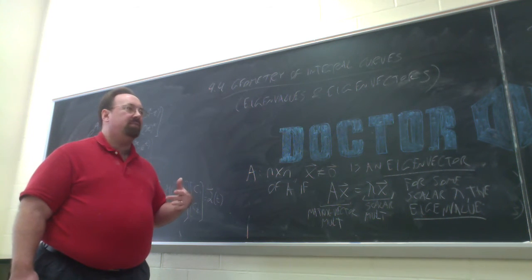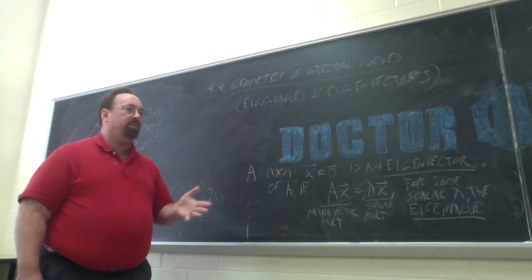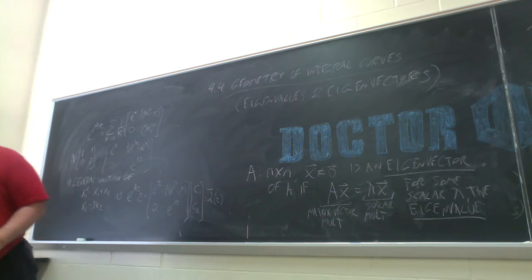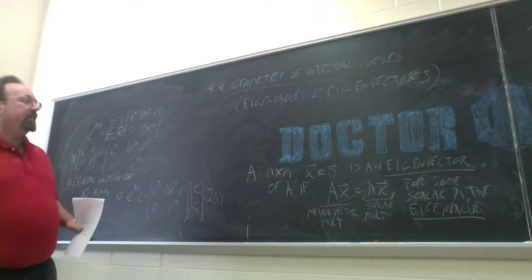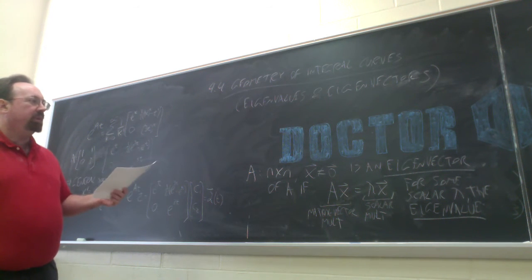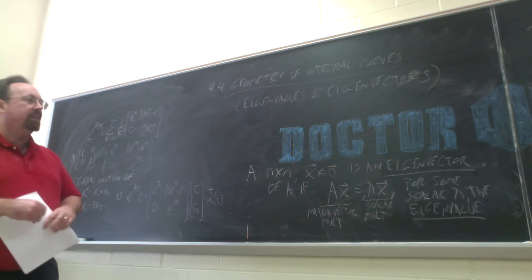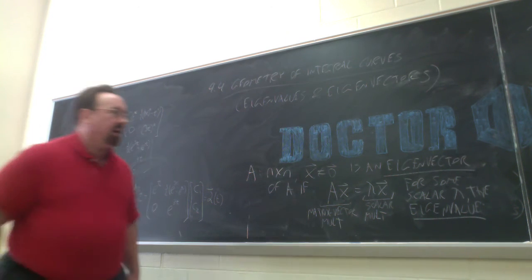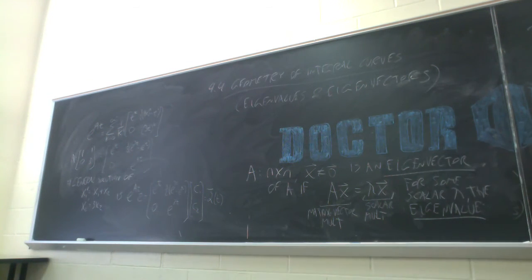And so eigenvalues allow us to pass from one operation to the other. Okay. So here we have a definition, but now what can we do to actually find eigenvalues and eigenvectors? Ultimately, we'll need those in order to compute matrix exponentials and stuff.